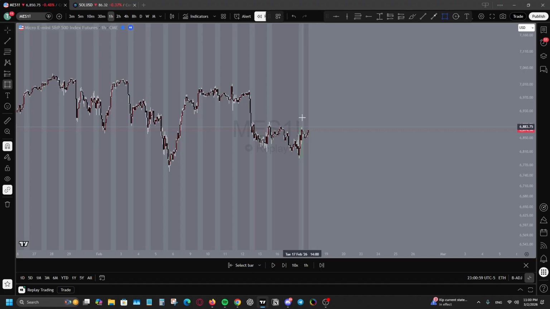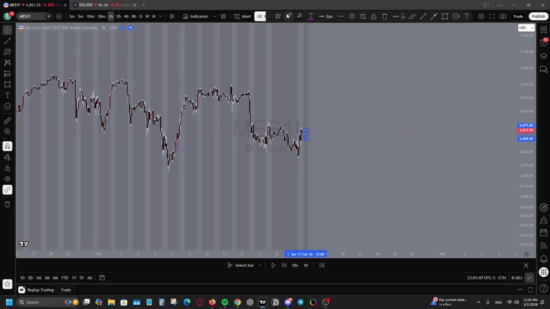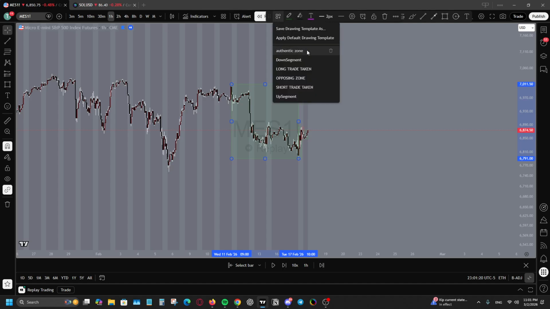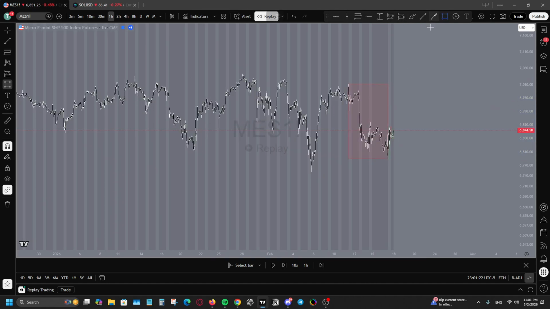Then from here to here, down segment, and then from here all the way to here. Those are my minor segments, from that to there, there, and there. And then I have these major segments right here, and right around here. Boom.